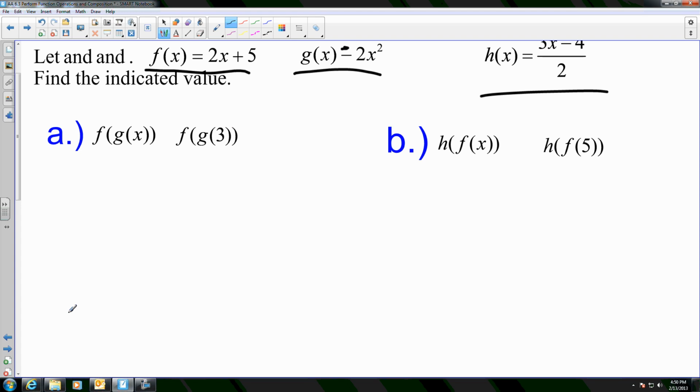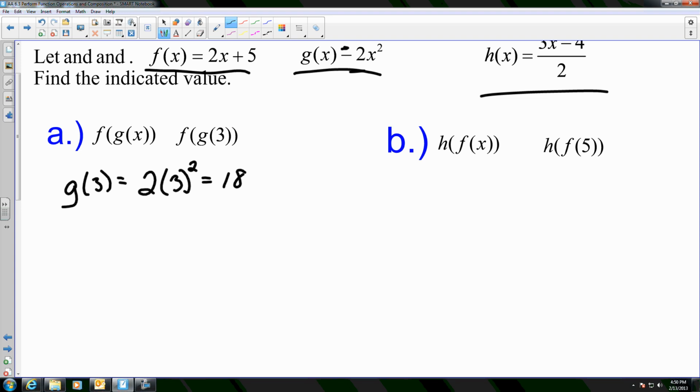So first thing I'm going to do is evaluate g of 3. In g of x, anywhere that there's an x, I'm going to substitute in a 3. So I'm going to say it's 2 times 3 squared. And 3 squared equals 9. 9 times 2 equals 18.